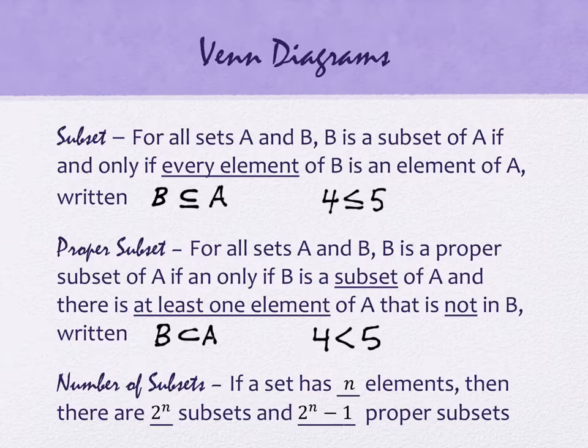Now notice the number 4 can be written as less than or equal to 5 or less than 5. Both of those are true. But if I had this statement, well, it could be written here, I cannot write it here. This is not true. So if I can write it with that first notation, I have the possibility of writing it with the second one, but no guarantee.